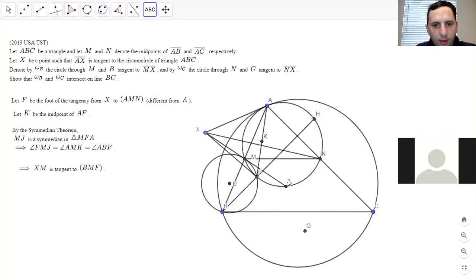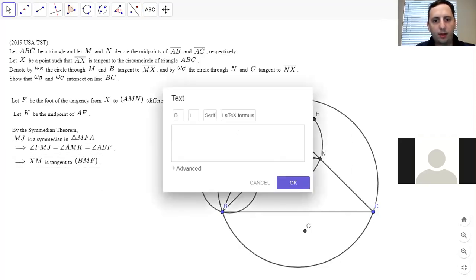And once we know that, that means that the circle BMF is the circle omega B in the problem.